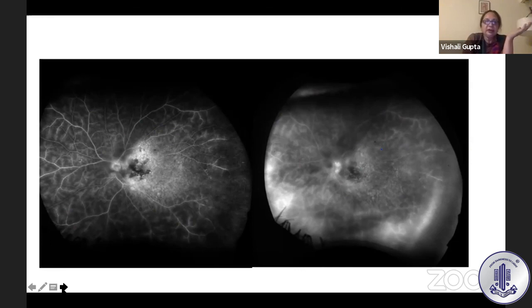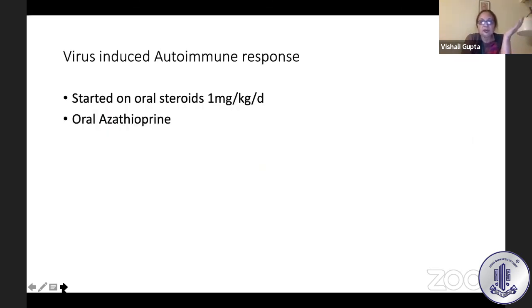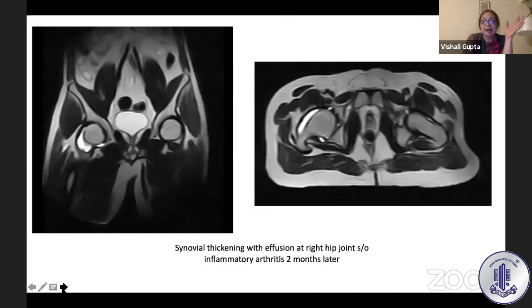Again, we did everything, all negative, and we started him on oral steroids and azathioprine, to which he was responding. But a month later, when the steroids were reduced, he comes up with synovial thickening in the right hip joint, which is suggestive of inflammatory arthritis.